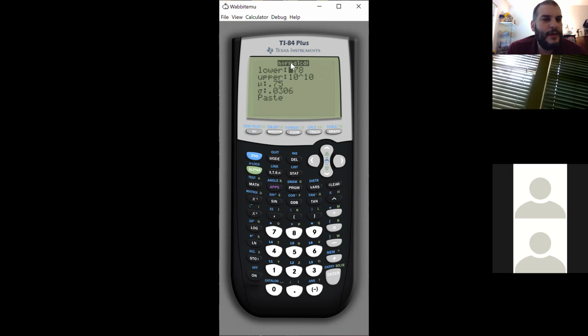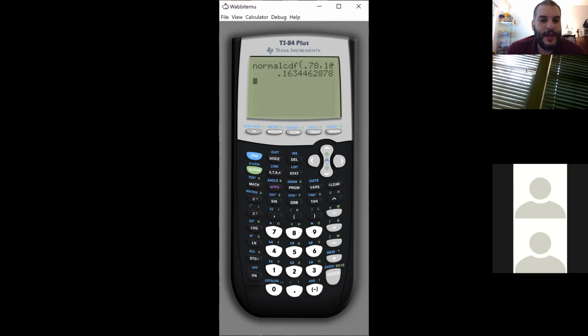Yeah. And you put exactly what I have here on your calculator and you use normal CDF? Okay, yeah. You switch that around, that should fix it. All right, any other question in regard to pretty much how to enter this into the calculator?